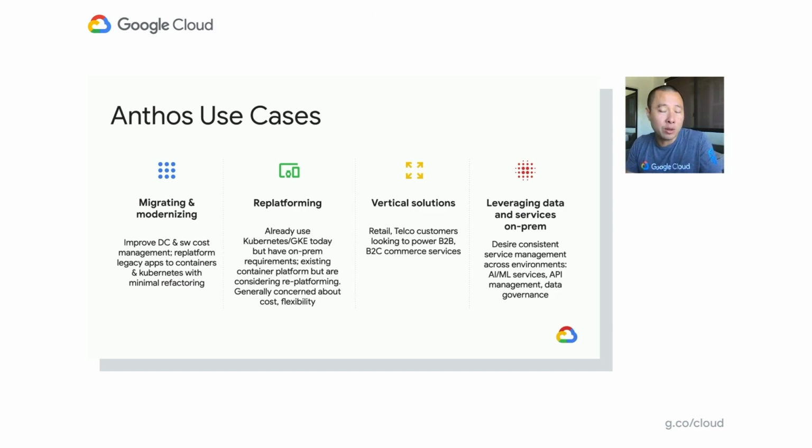Now, some of them may not have the ability to move those workloads into a cloud environment yet for regulatory or compliance reasons. So rather than asking our customers to move their data into GCP today, what we are doing is moving the intelligent services like AI and ML services into their on-premises environments. And Anthos provides them the ability to do that.